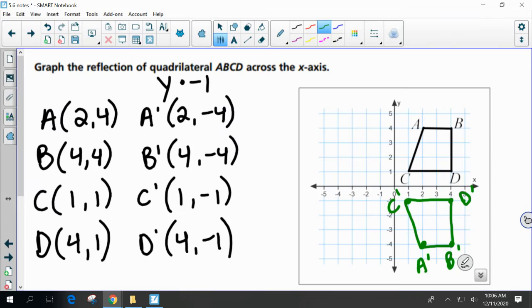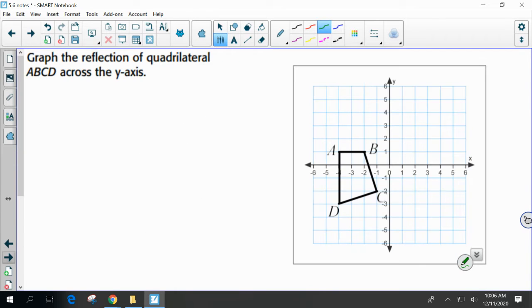Practice the other axis. Okay, so next we're going to graph this quadrilateral across the y-axis. So in order to do that, we take x times -1. So I'm going to write down all of my coordinates first. A is -4, 1.